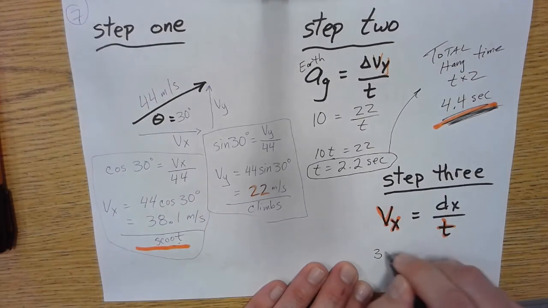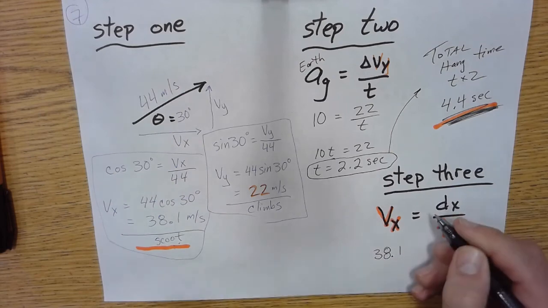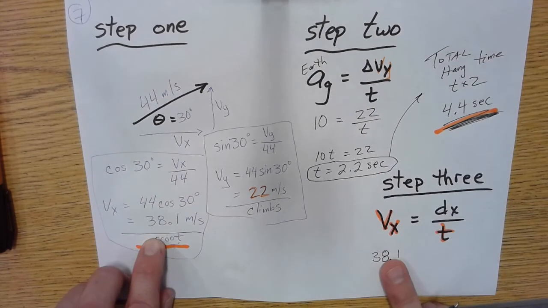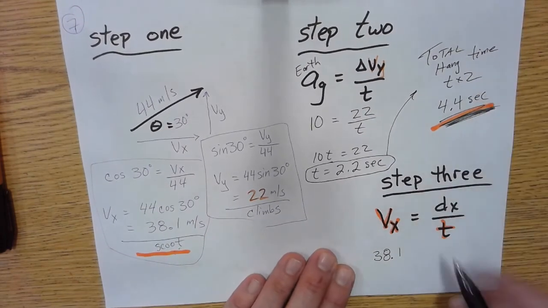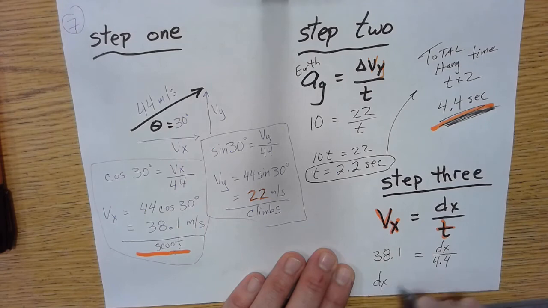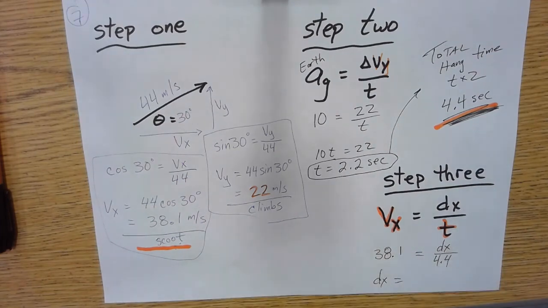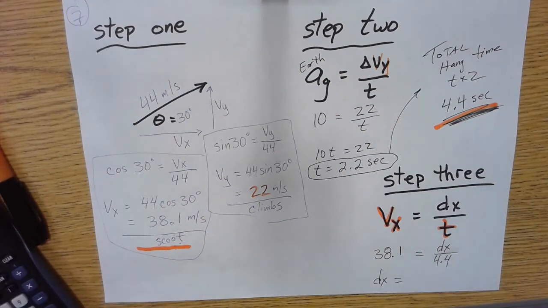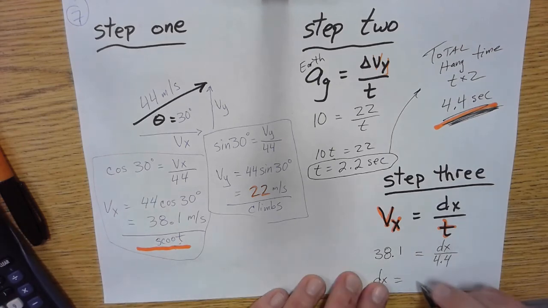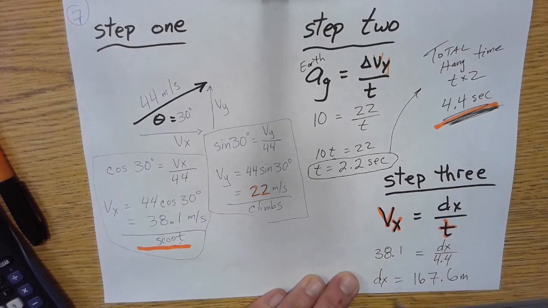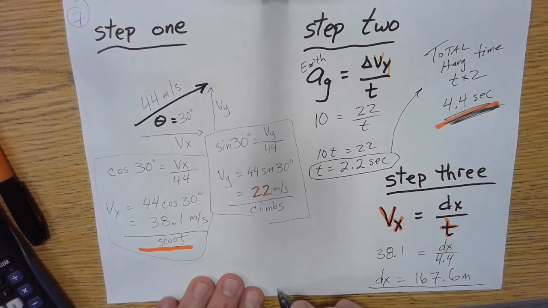Vx times time. All right, multiply it across. It's pretty easy to solve that one. That looks familiar too. All right, that is our answer.